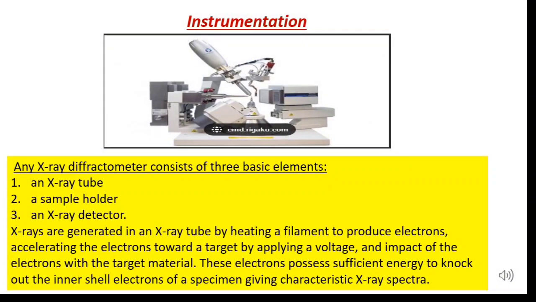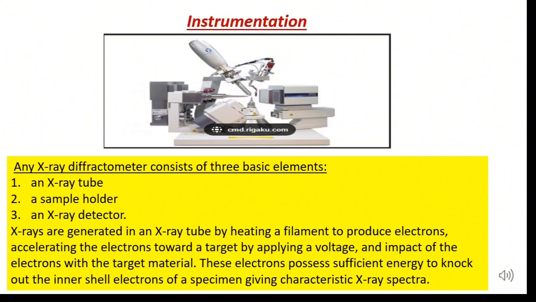Any X-ray diffractometer consists of three basic elements: 1. An X-ray tube, 2. A sample holder, and 3. An X-ray detector. X-rays are generated in an X-ray tube by heating a filament to produce electrons, then accelerating the electrons toward a target by applying voltage.